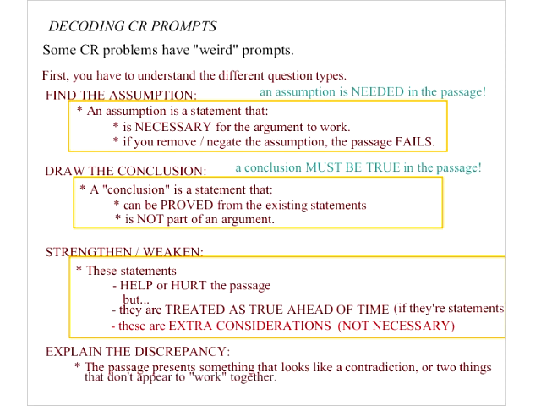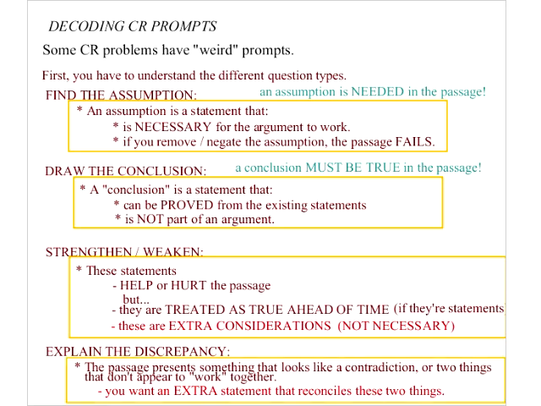And then you're looking for, again, an extra statement that reconciles these two things, that helps them get along.